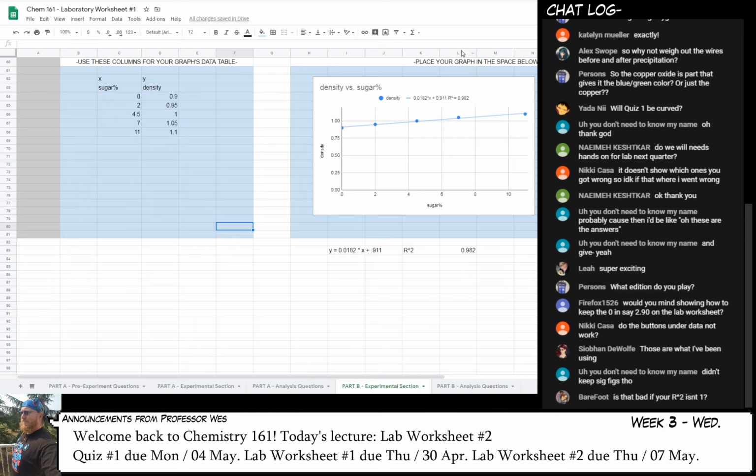Now, some people are getting equations like this. What this means is that this is Excel trying to print a number in scientific notation. So if you see something that has an e in it, like if I had 4 times 10 to the minus 3, what Excel would write that as is this.